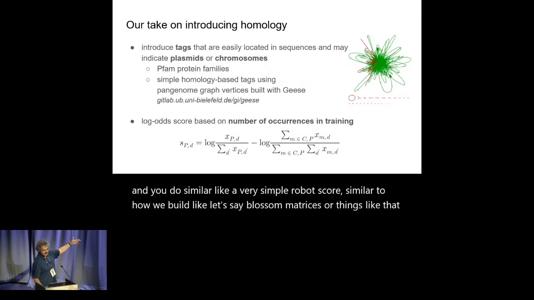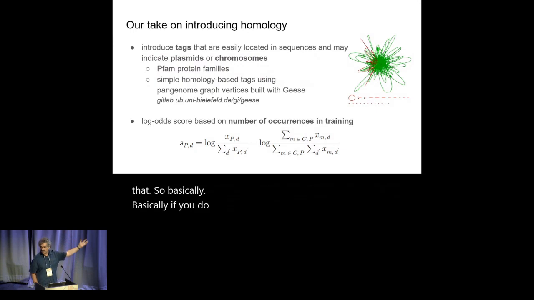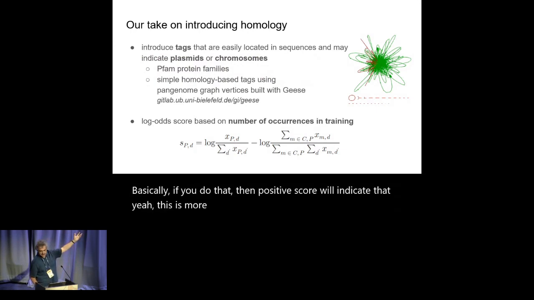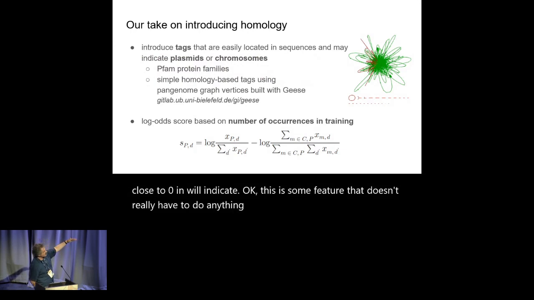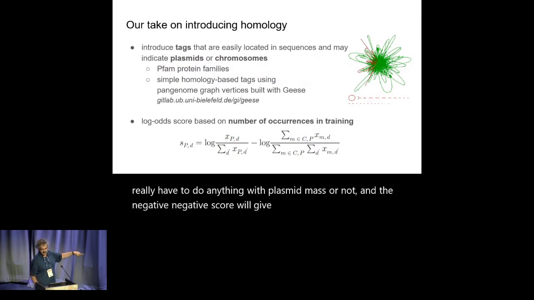Then a positive score will indicate that this is more likely to occur in plasmids. A score close to 0 will indicate that this is some feature that doesn't really have to do anything with plasmidness or not. And a negative score will give you negative information.